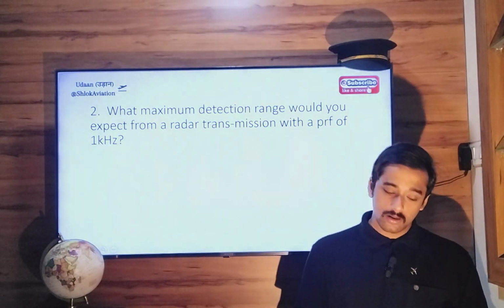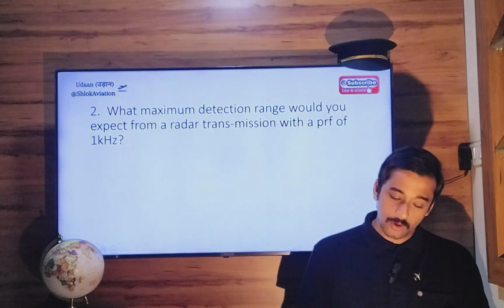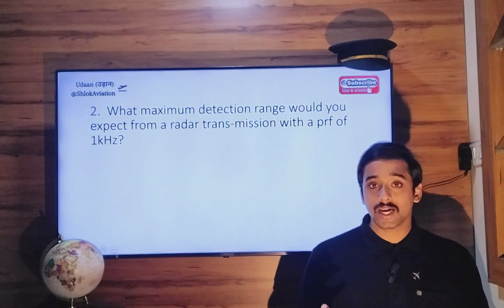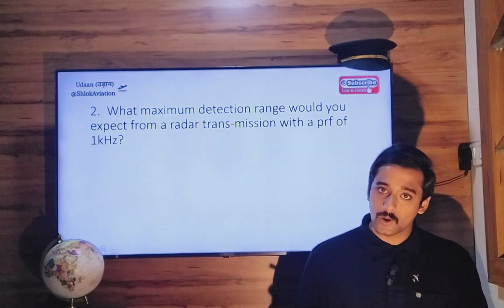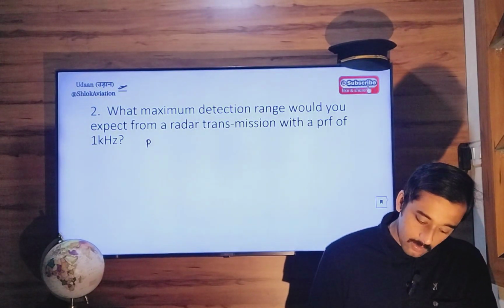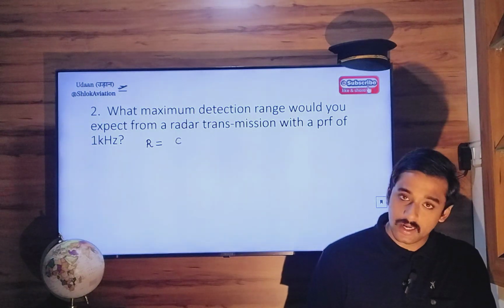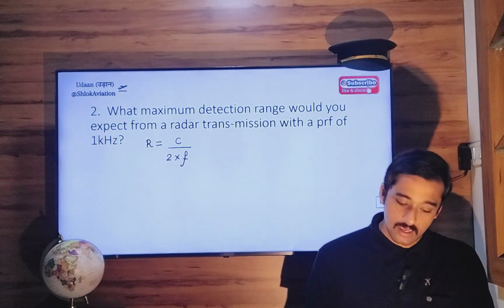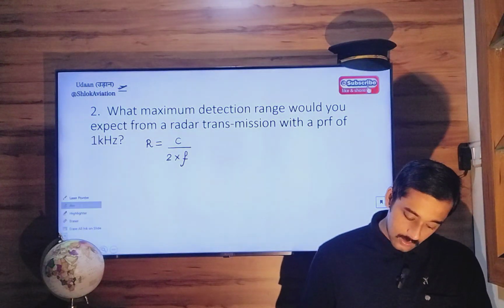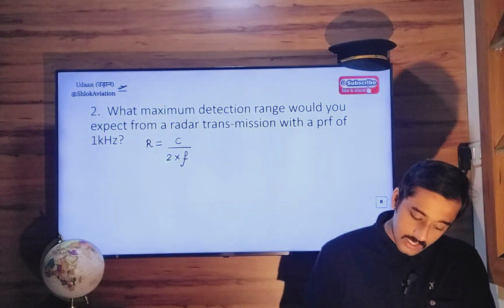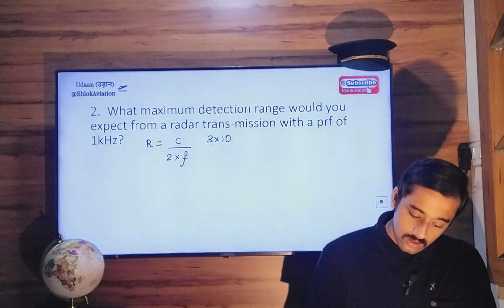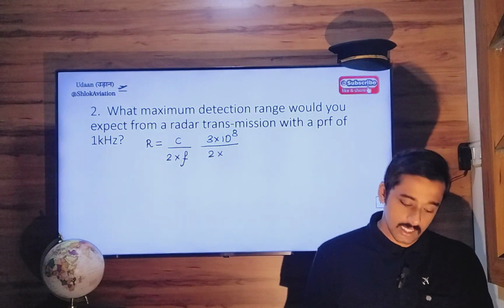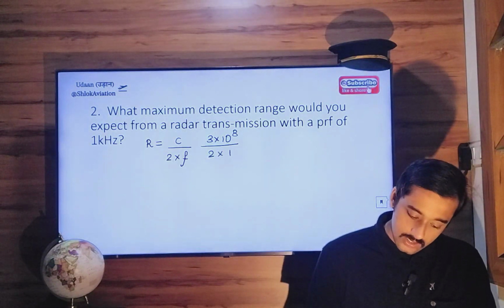Next, what maximum detection range would you expect from a radar transmission whose pulse recurrence frequency is 1 kilohertz? So use the formula: range is equal to speed of light divided by 2 into frequency. Substitute the values now: 3 into 10 raised to 8 divided by 2 into frequency, which is 1 kilohertz.